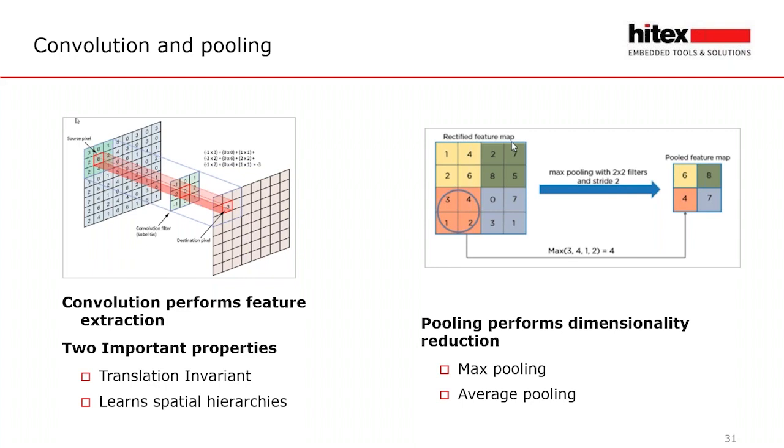And the pooling layer is doing this form of dimensional reduction. As we go through the convolution and pooling layers, the feature map of each image is getting smaller and smaller. We can do this either by looking at a block of pixels and taking the maximum value, so max pooling, or we average the block of pixels to one pixel value.